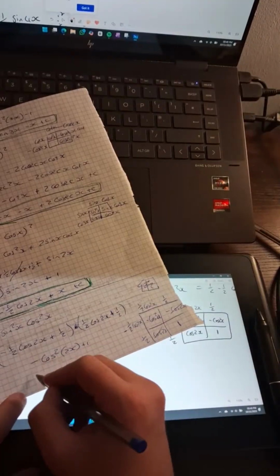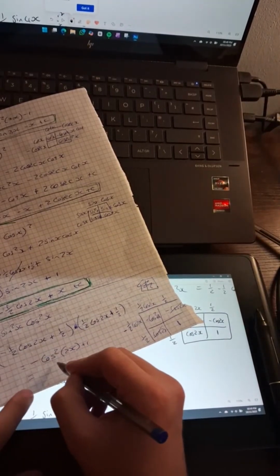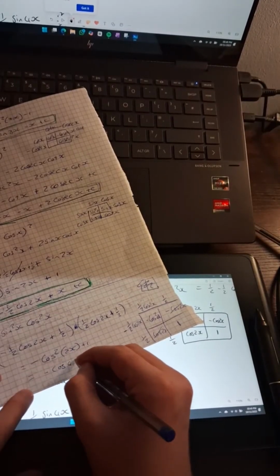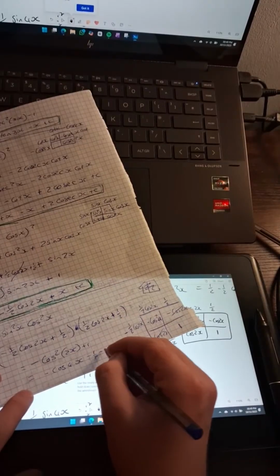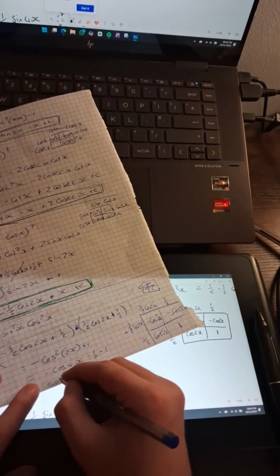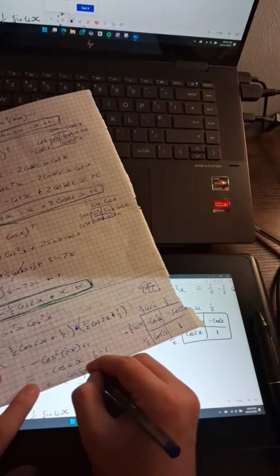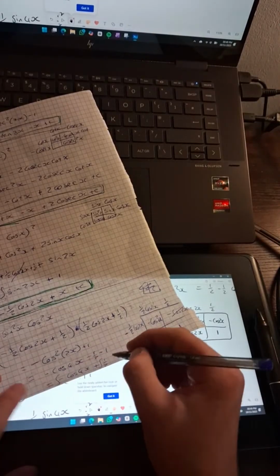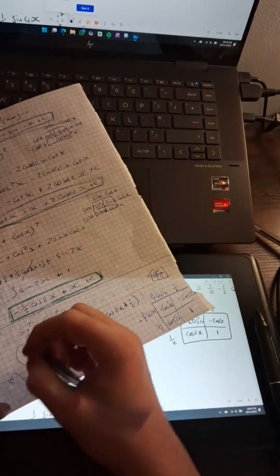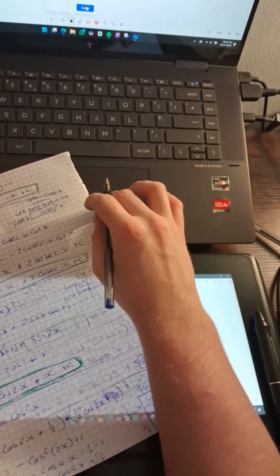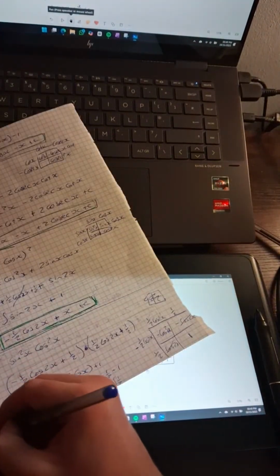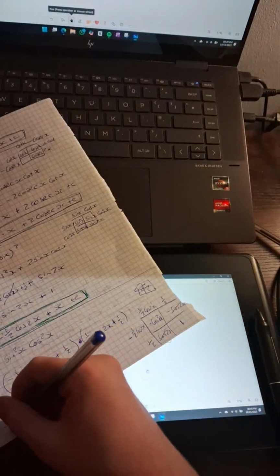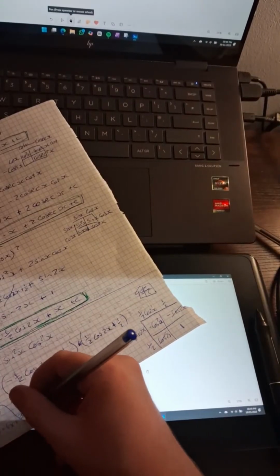This becomes minus cos 4x minus half plus 1, which equals minus cos 4x plus half. Integrate that, becomes quarter sine 4x plus x over 2 plus c.